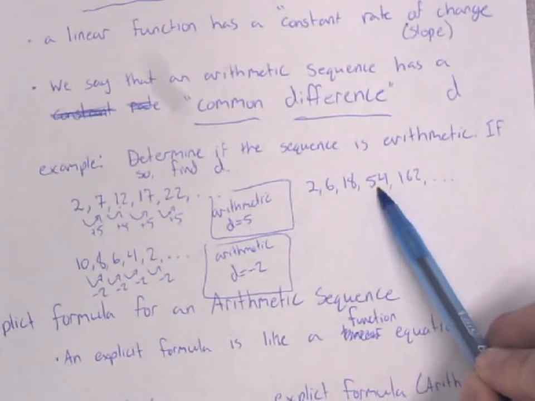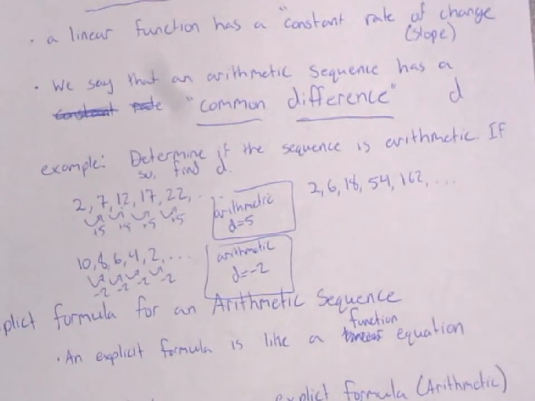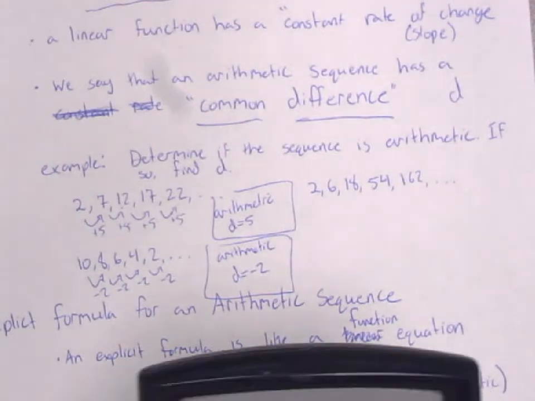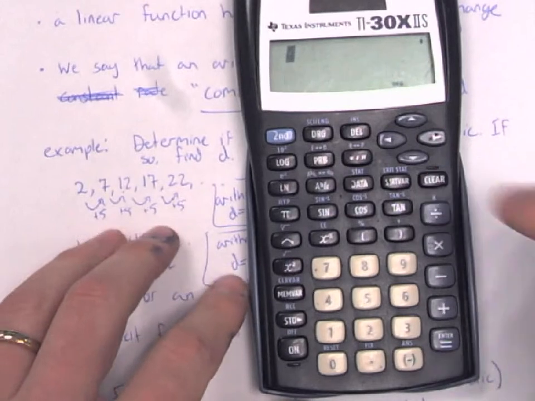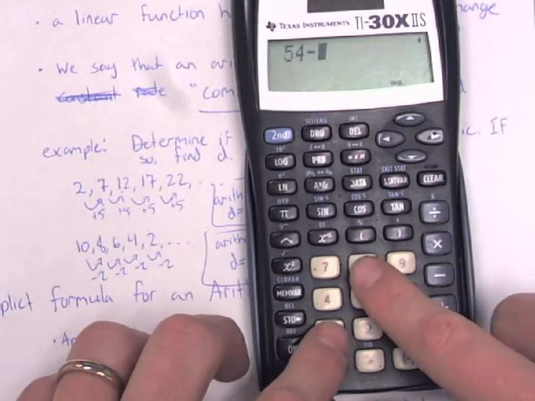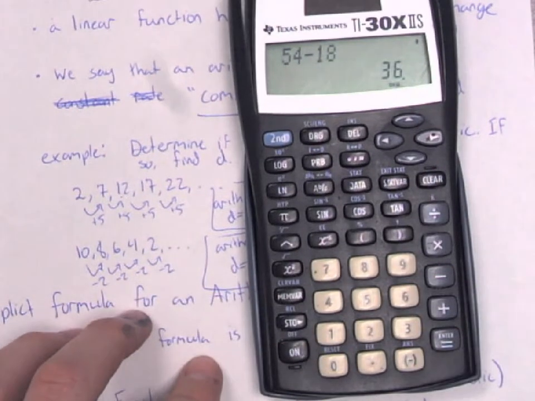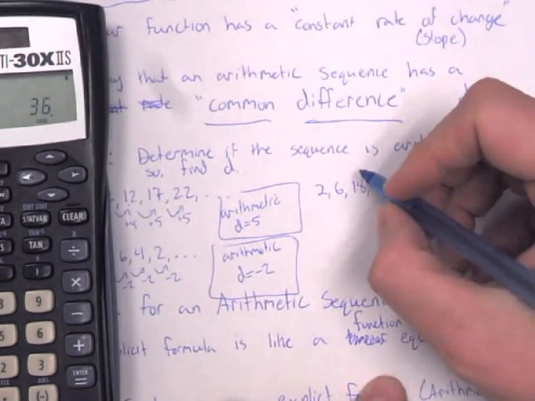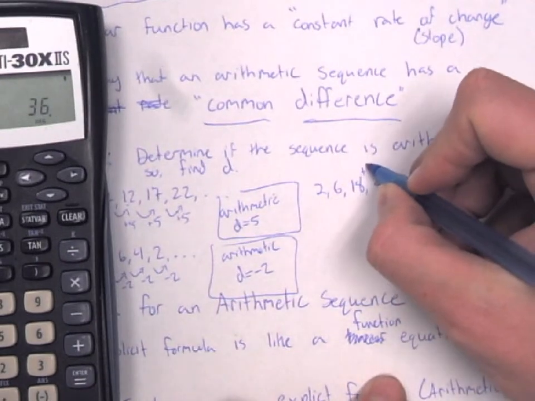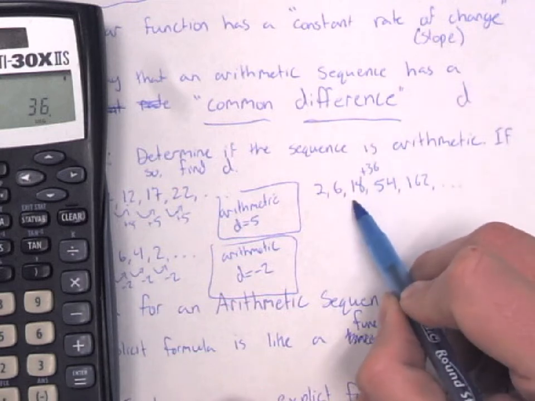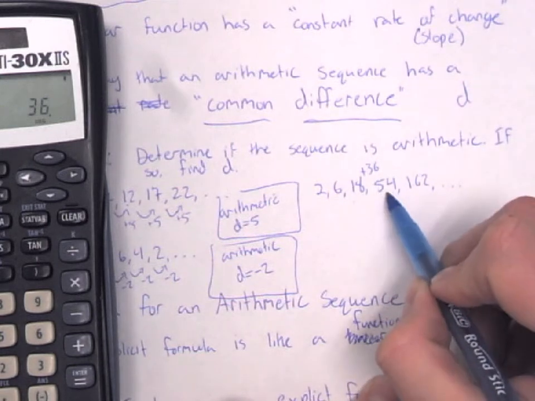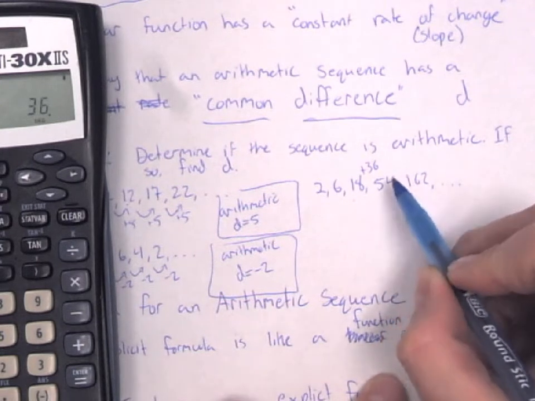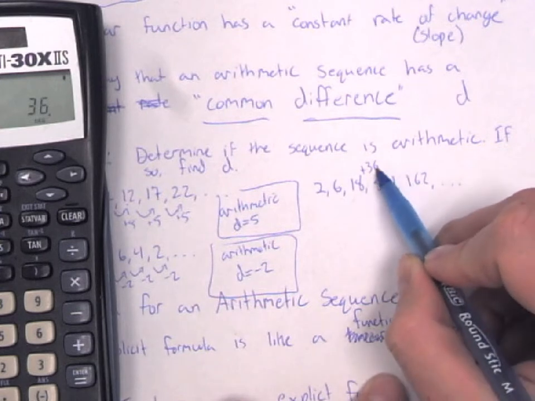In order to find out, you would subtract 18 from 54. You probably do that in your head, but 54 minus 18 is 36. So by subtracting those numbers, I get what I need to add. 18 plus 36 is 54 because 54 minus 18 is 36.